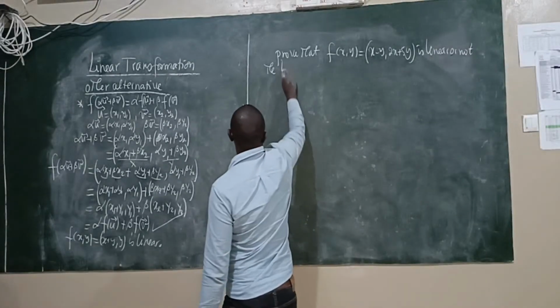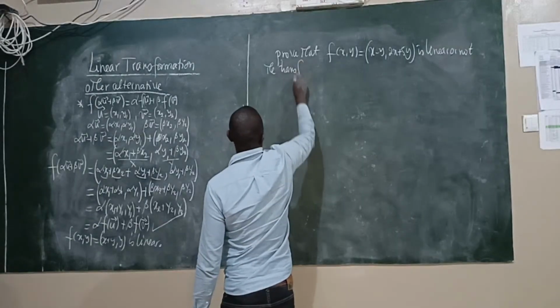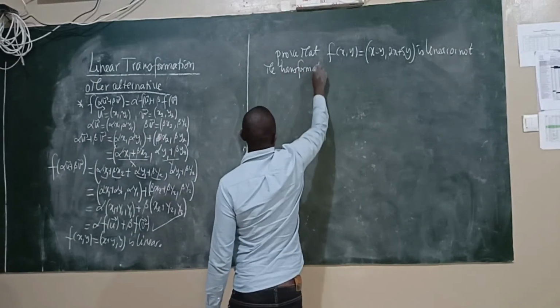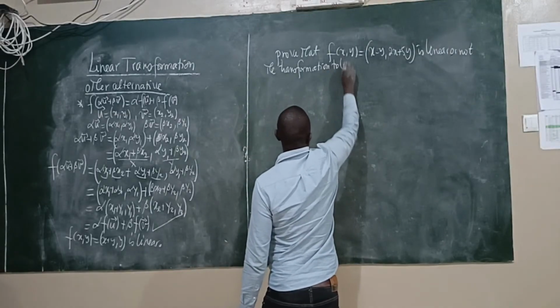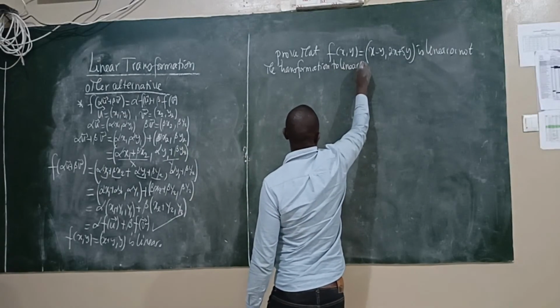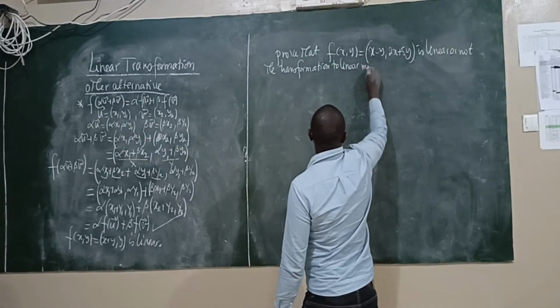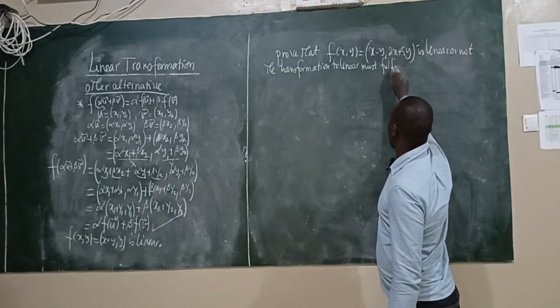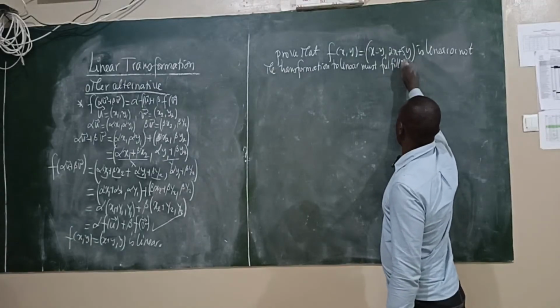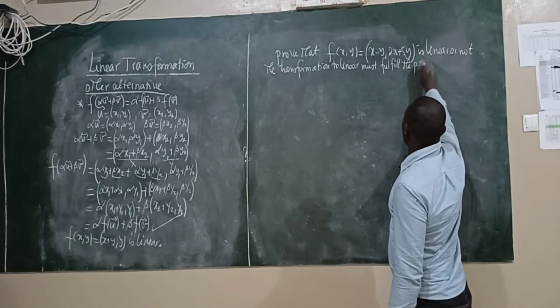The transformation, to be linear, as we said, must fulfill the properties below.